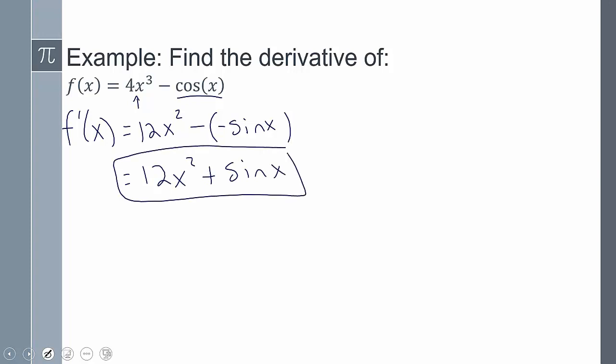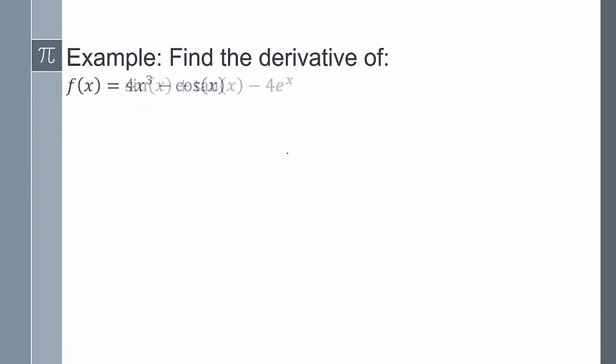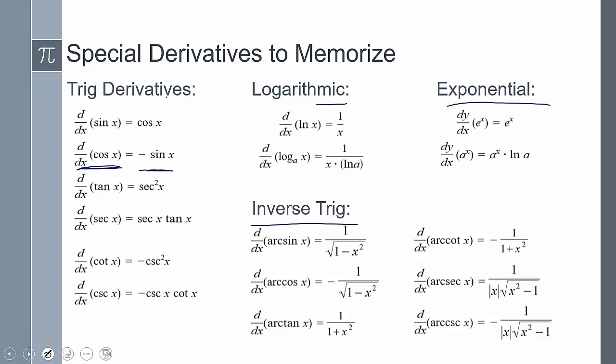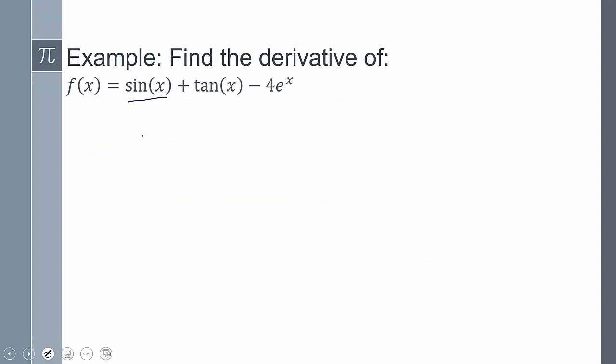Pretty cool, huh? It's not complicated, it's just very, very dense in terms of what we have to memorize. Let's look at another one. It says find the derivative of sine of x, tangent of x, and 4e to the x. Okay, so the first, sine of x. We go back, derivative of sine of x is cosine x. So I know that for my derivative, that's going to be cosine x.